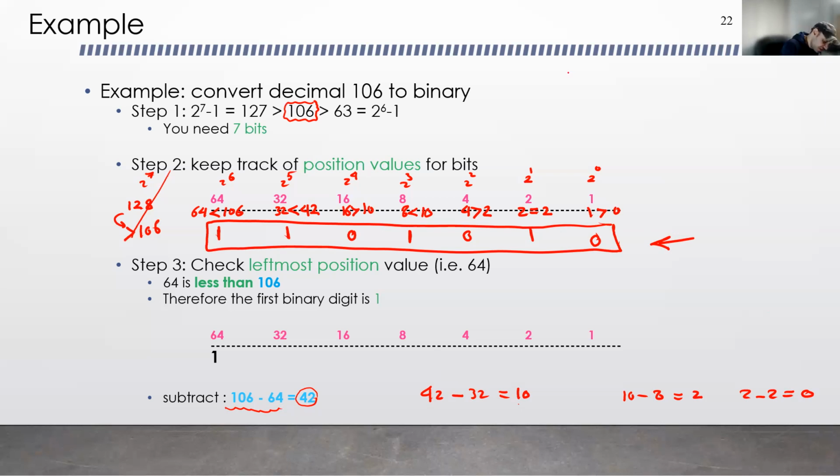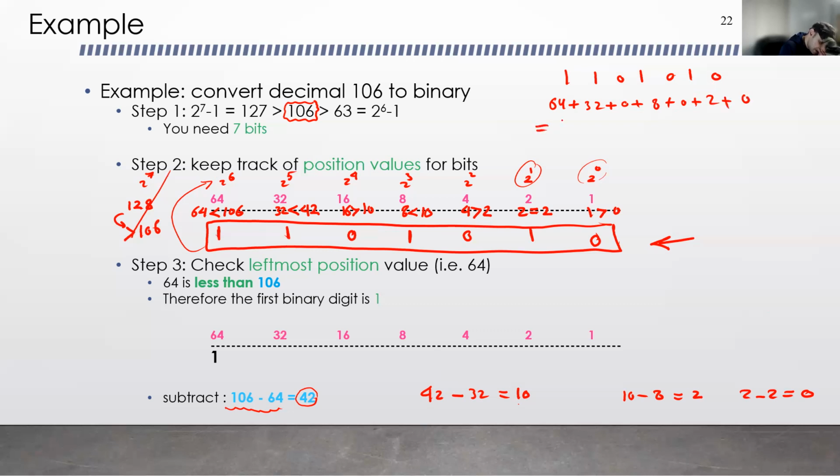Let's do that. So this is the number 1 1 0 1 0 1 0. Just to convert it back, what you're going to do is multiply each digit or each bit by its weight, and you have the weights already here. So 1 will be multiplied by 2 to the power of 6, 64, plus 32, plus 0, plus 8, plus 0 again, plus 2, plus 0.